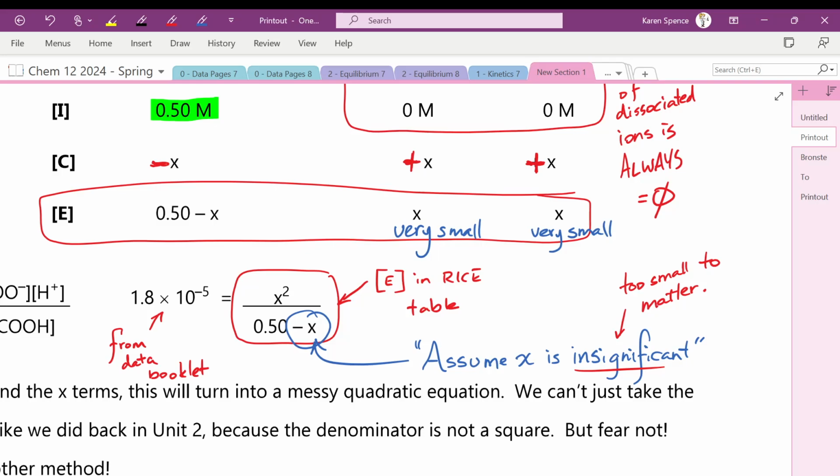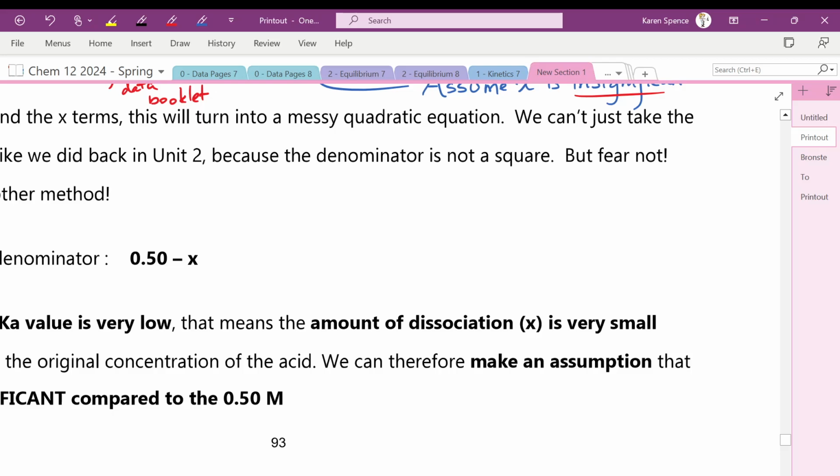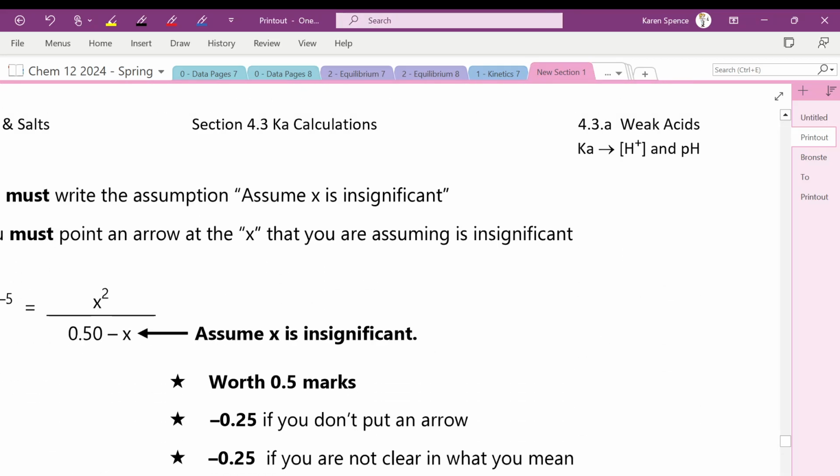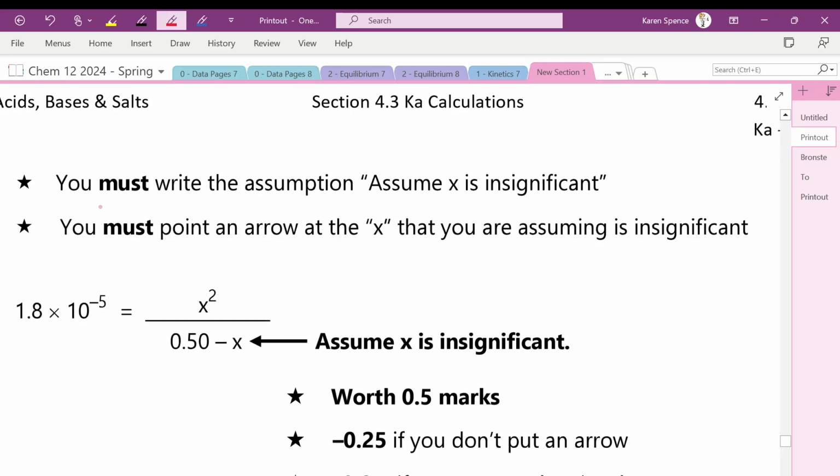In order to get full credit for doing that, you have to write the assumption. So you must write the assumption: assume X is insignificant.